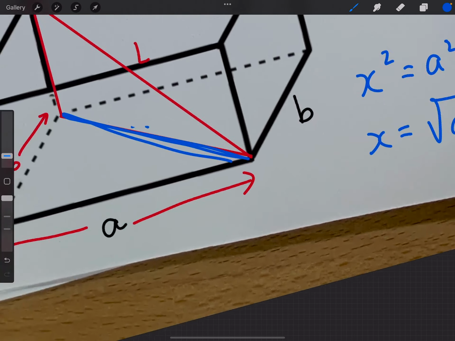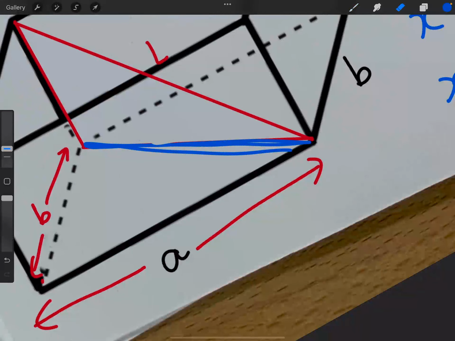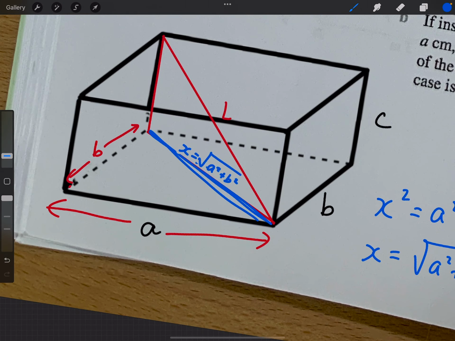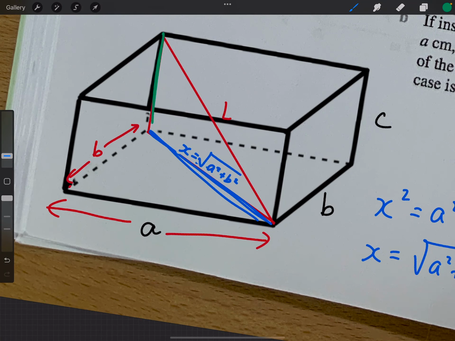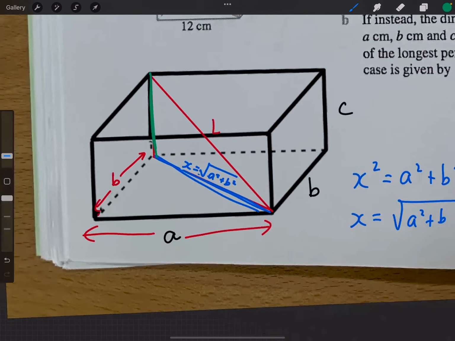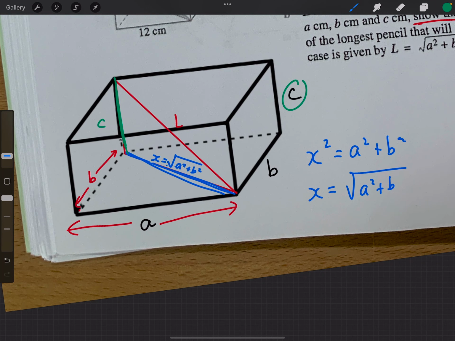So here's your length x, which is here, and that's equal to the square root of A squared plus B squared. Now this length, I'm going to put in green, should be the same as this length, which is C.